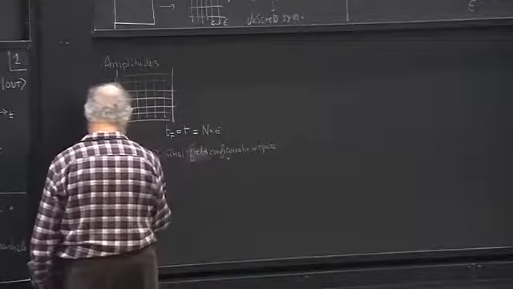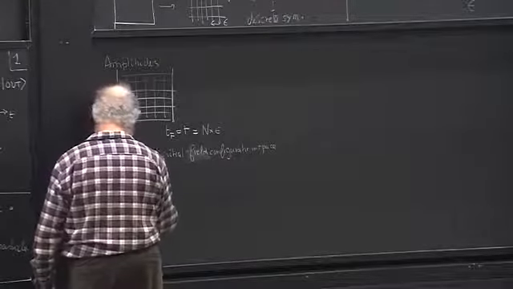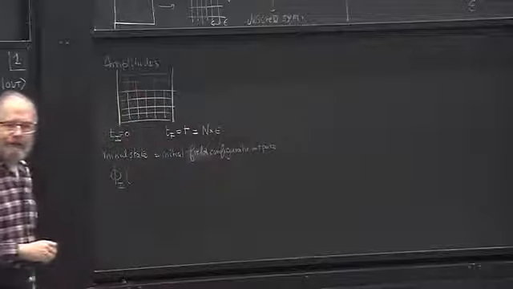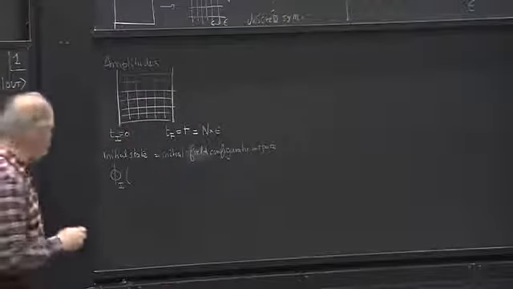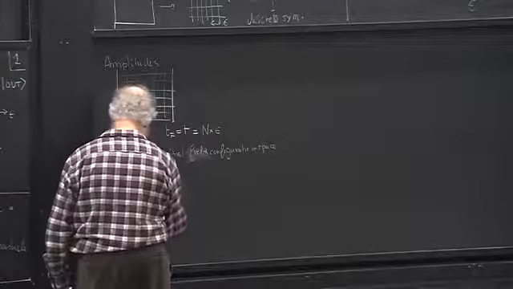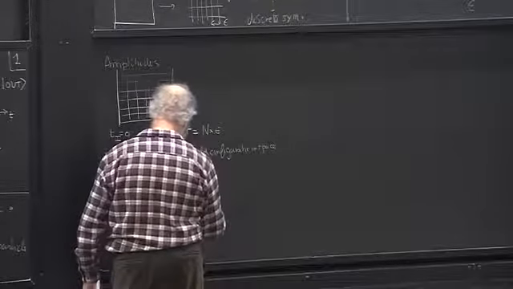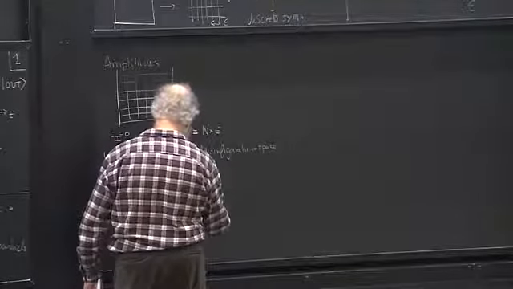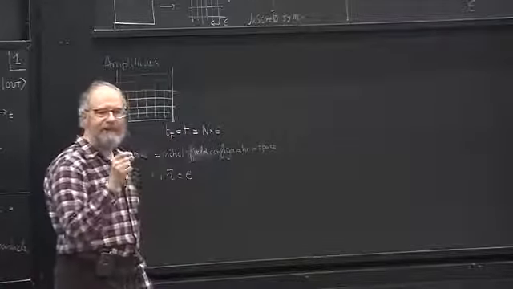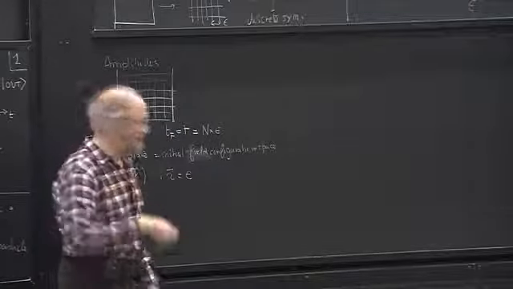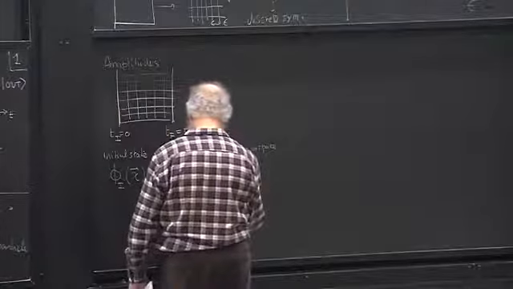So we have an initial field configuration phi I of the space variable x, and in our case x is going to be epsilon times a d minus 1 dimensional vector. Let's call it n space.